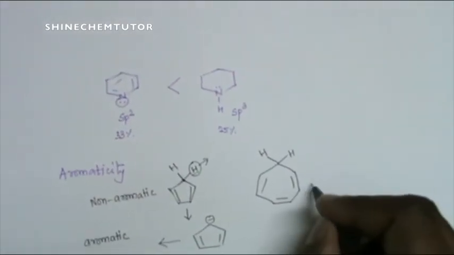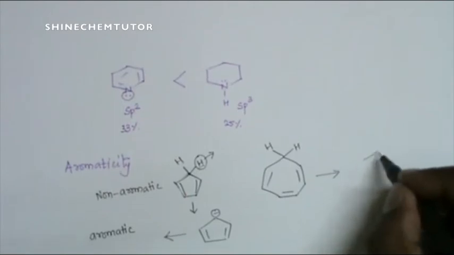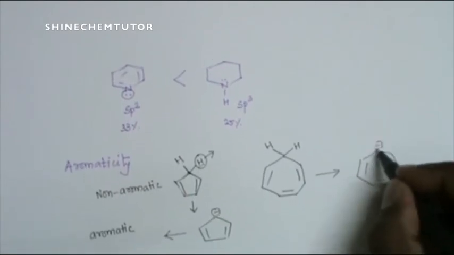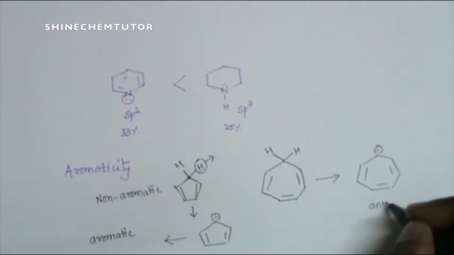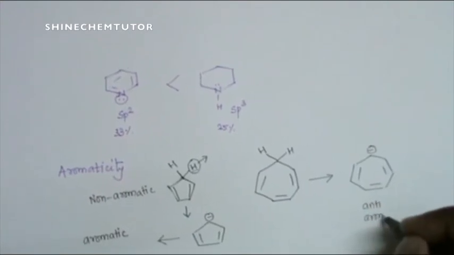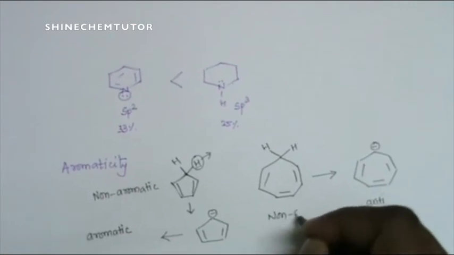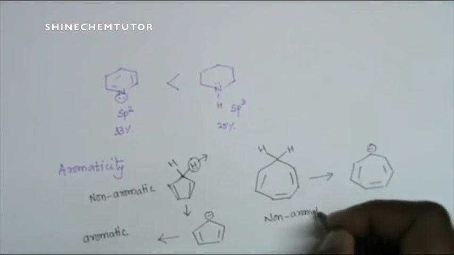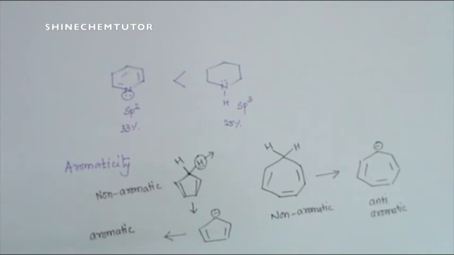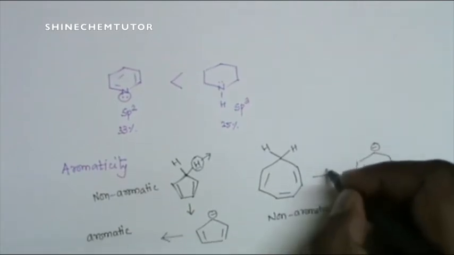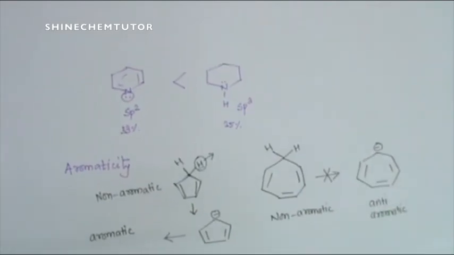In this case, when I abstract the proton, what I get is an anti-aromatic compound. This one is non-aromatic. Anti-aromatic compounds are less stable compared to non-aromatic. Because of that, this particular reaction is not preferred.